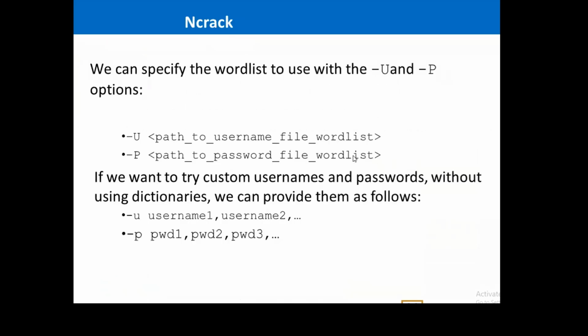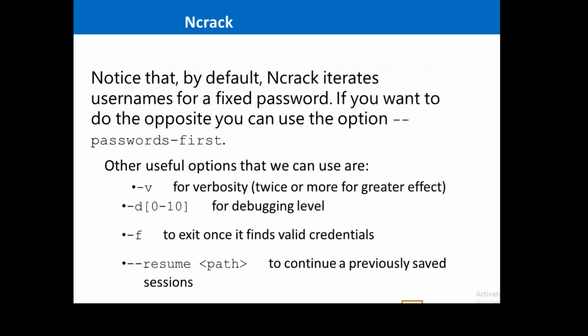You can specify the word list to use with the -U or -P options. So -U specifies the path of the username word list, -P the path of the password listings.